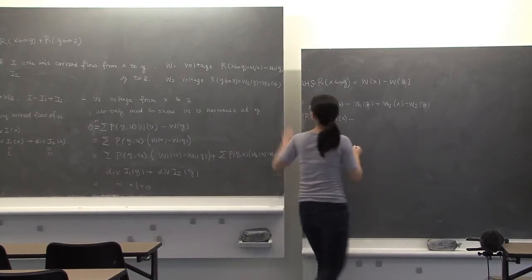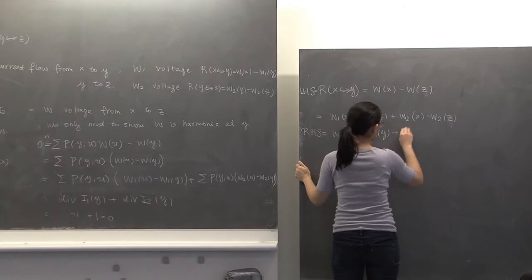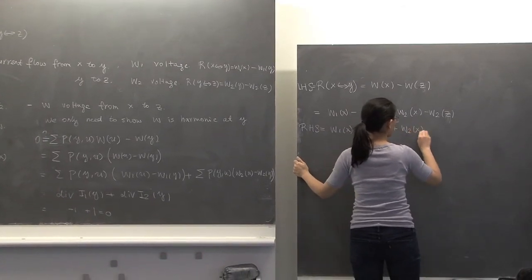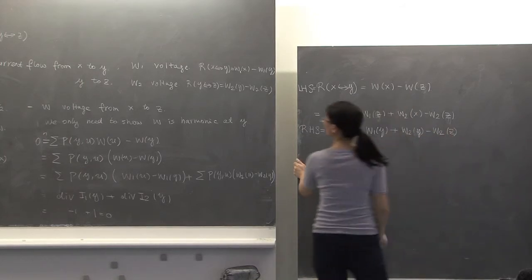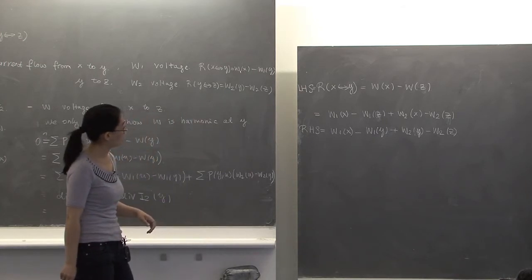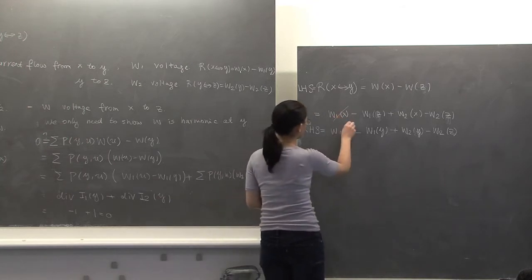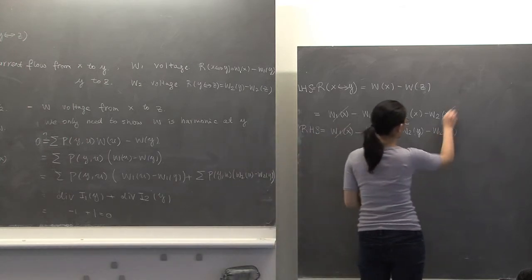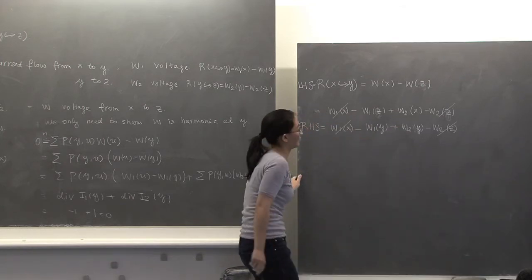Okay, the right-hand side is the sum of these two. So the left-hand side is less than the right-hand side. This term is the same, this term is the same. So we want to show this guy is less than that guy.